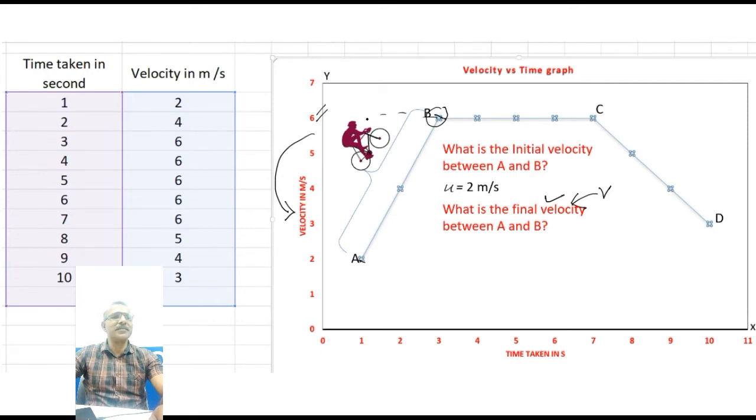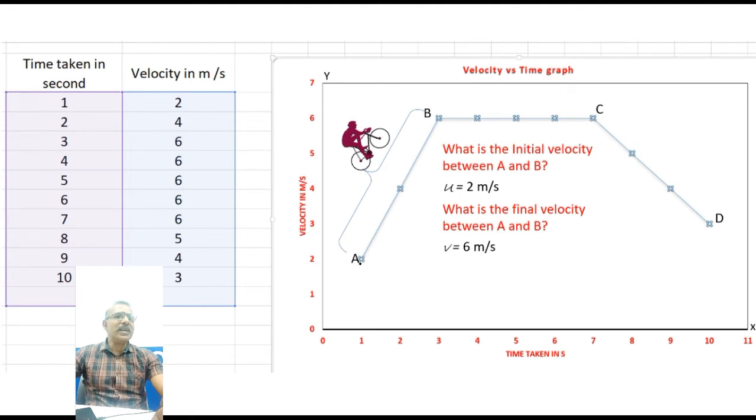Please remember this. What is the final velocity? 6 meters per second. This part of the video was already discussed in the previous video, but I am going to insist again and again, because this is very important. We have to be very familiar with the interpretation of the graph.